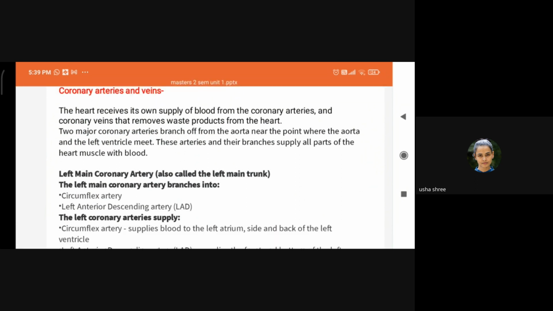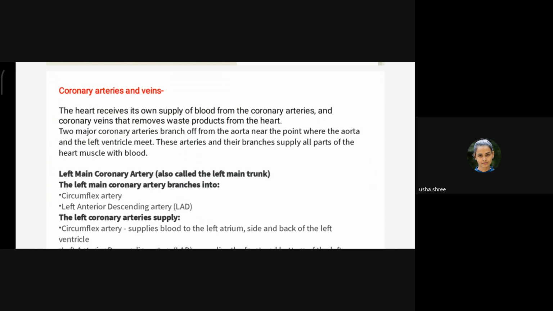Now, coronary arteries and veins. The heart receives its own blood supply from coronary arteries, and coronary veins remove waste products from the heart.